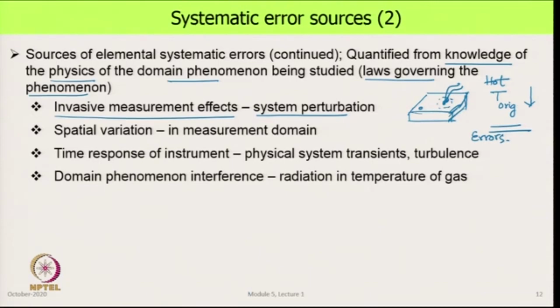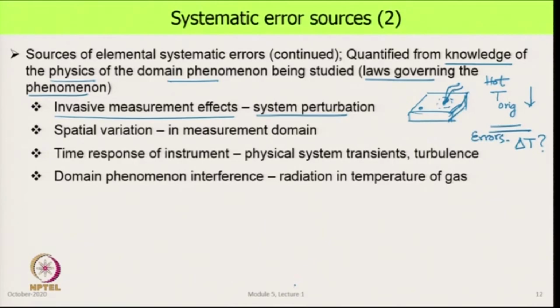But we do know the science and the engineering behind heat transfer. We can write those equations, get data about this and the air around it, what it is doing, solve some equations and establish how much is the magnitude of the dip in the temperature that such a thing causes.